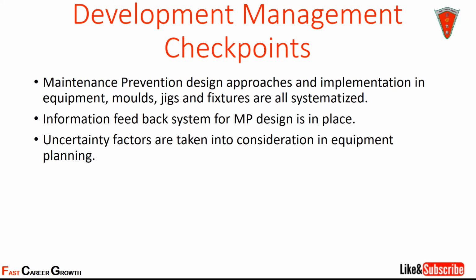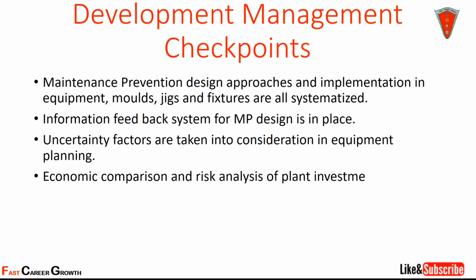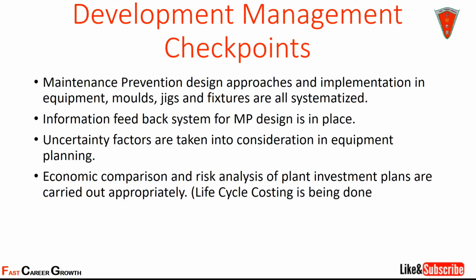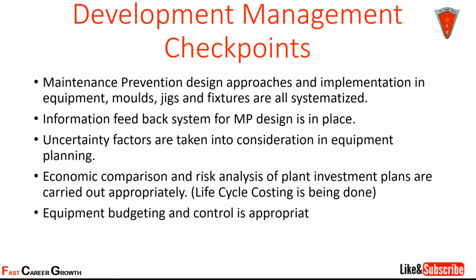Economic comparison and risk analysis of plant investment plans are carried out appropriately. That is, life cycle costing is being done here. Equipment budgeting and control is appropriate. These are the checkpoints of the development management pillar of TPM.